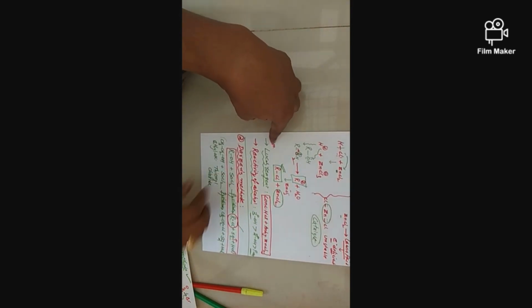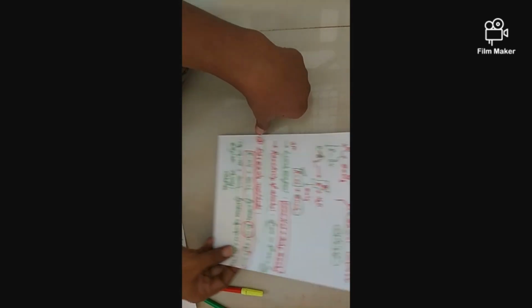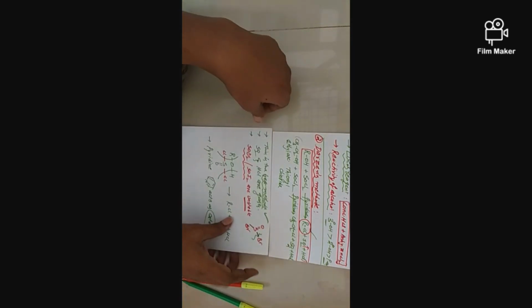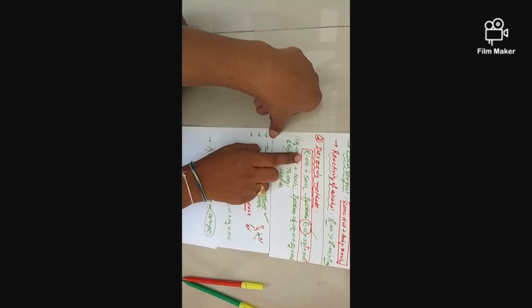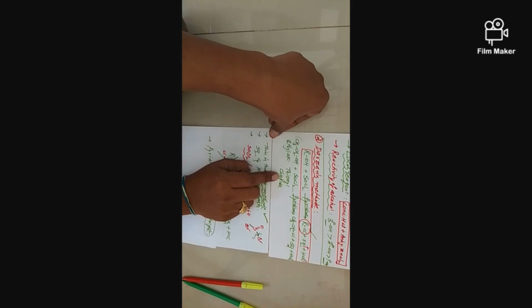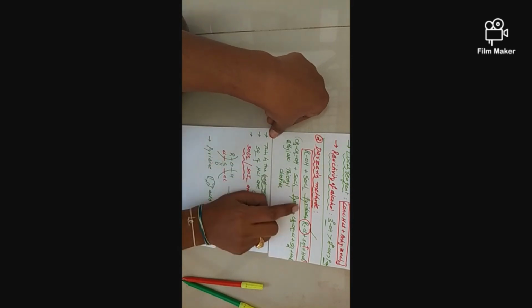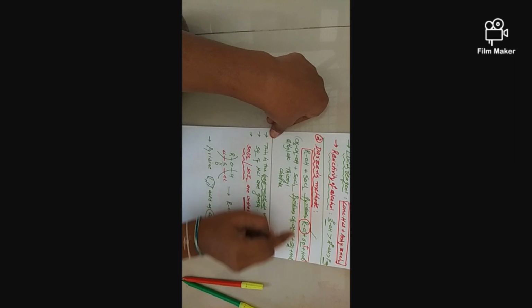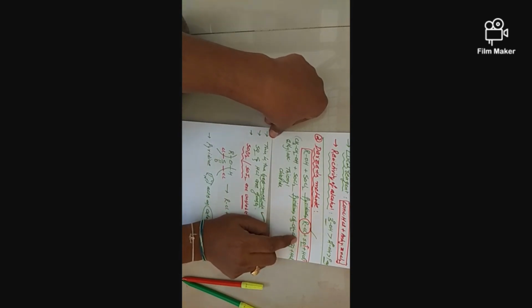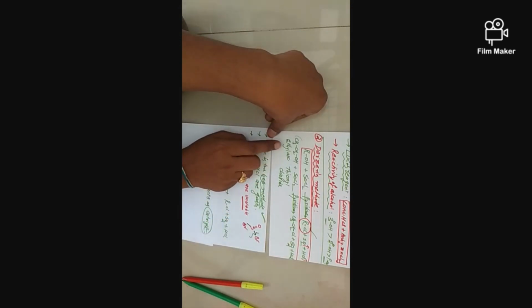Next, the second important preparation method is D'Orgen's method. D'Orgen is the scientist's name. The general reaction: we take alcohol and react it with SOCl2, thionyl chloride, in the presence of pyridine. Then we get alkyl chloride plus SO2 gas plus HCl gas liberated.